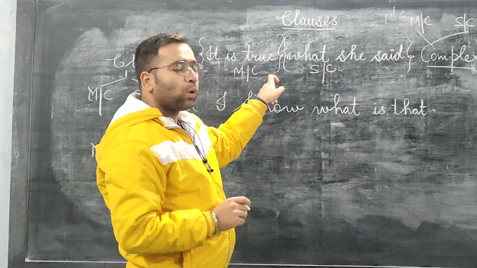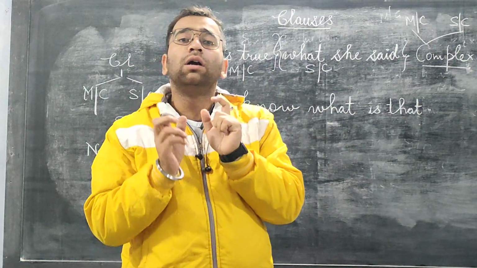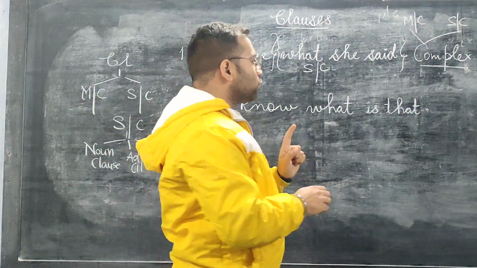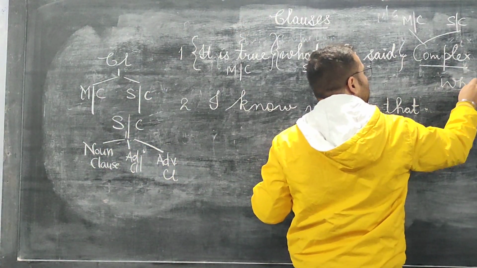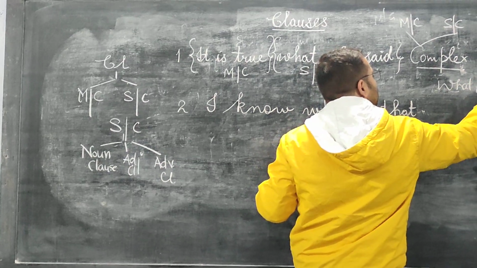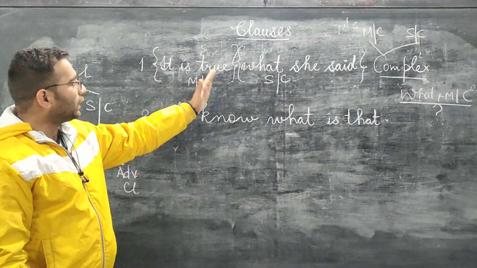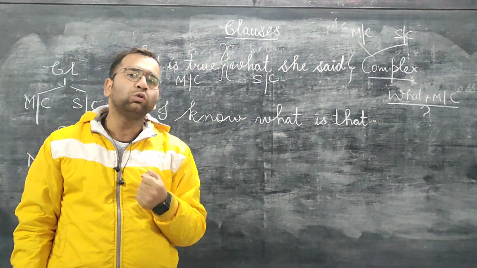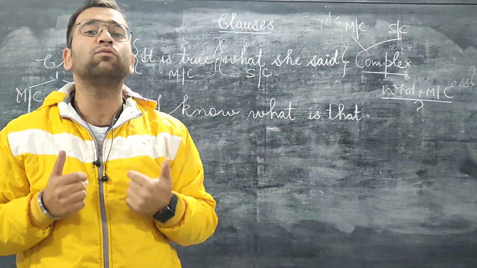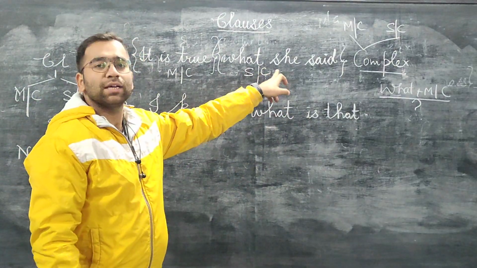First of all, you have to ask the question from the main clause by using what. What plus main clause. Ask this question. It is true. What is true? What she said.